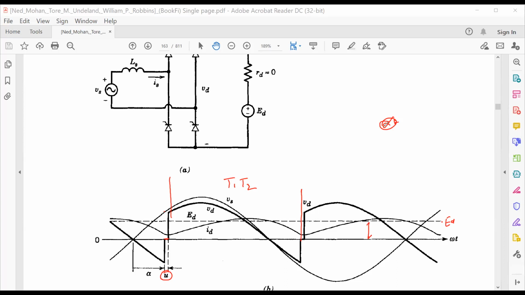After the commutation, at alpha plus u, T1 and T2 will be conducting, and then the current will start again going up. The voltage has already fallen to negative, so current must start going negative, and again T3 and T4 will be conducting. After this, the current will start. You understand it or not? Yes. Okay.